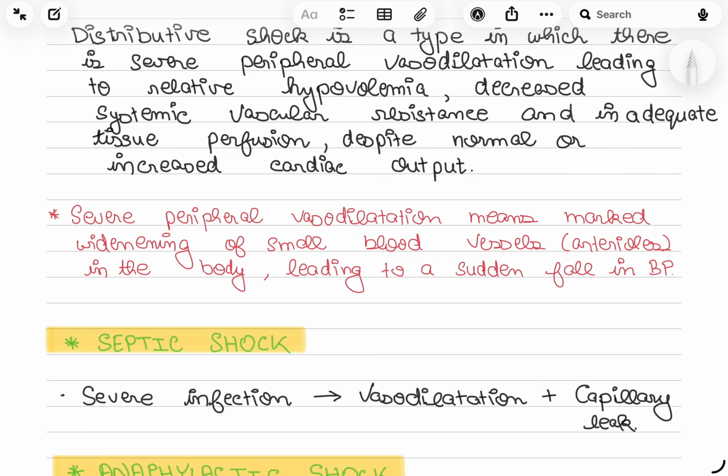So what is severe peripheral vasodilatation? Vasodilatation means widening of the blood vessels in the body that leads to a fall in the BP. Severe vasodilatation means marked widening of small blood vessels, that is arterioles, leading to a sudden fall in the BP.